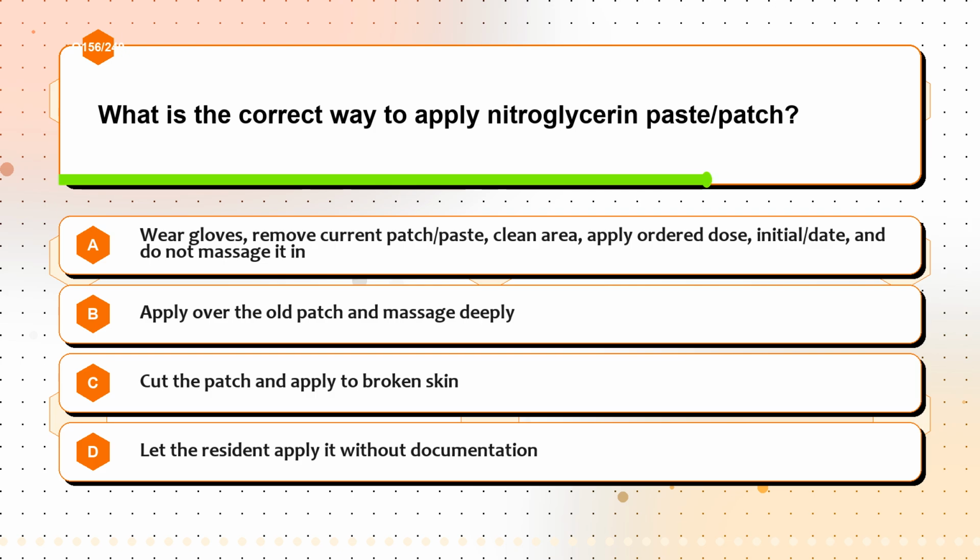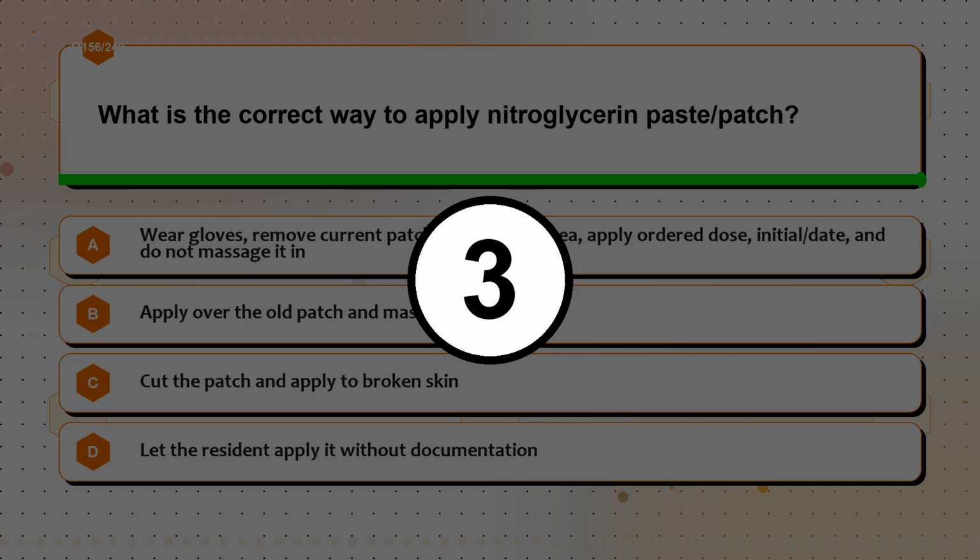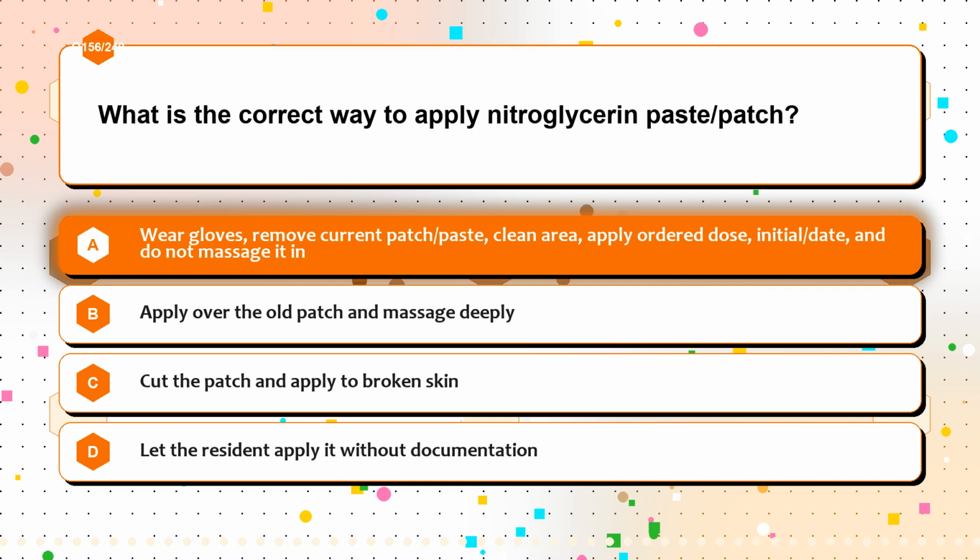Option C. Cut the patch and apply to broken skin. Option D. Let the resident apply it without documentation. The correct answer is option A. Wear gloves, remove current patch/paste, clean area, apply ordered dose, initial/date, and do not massage it in.